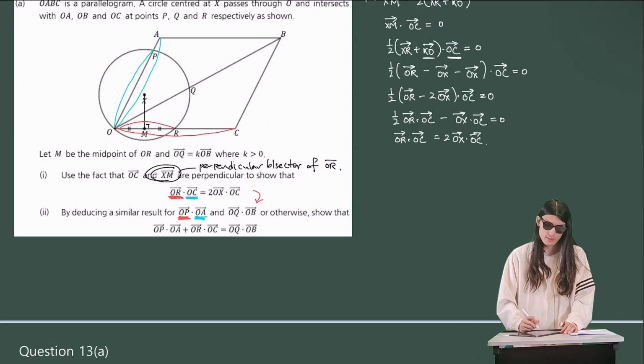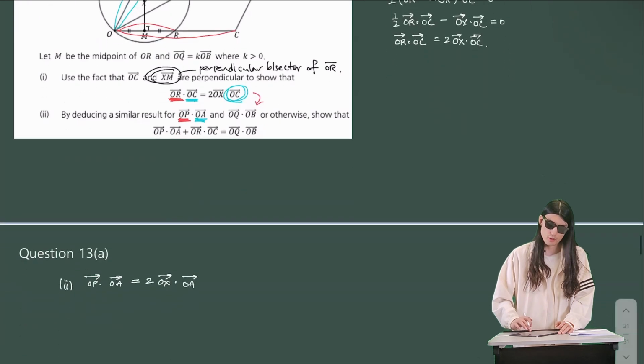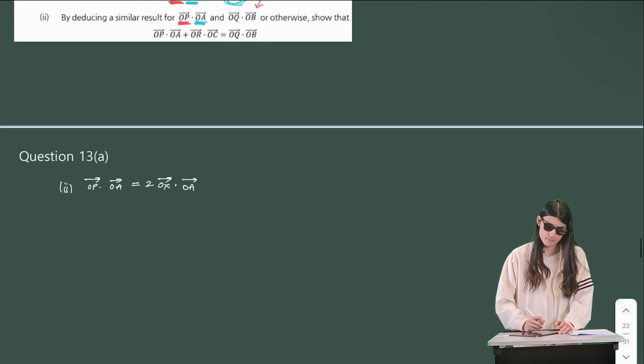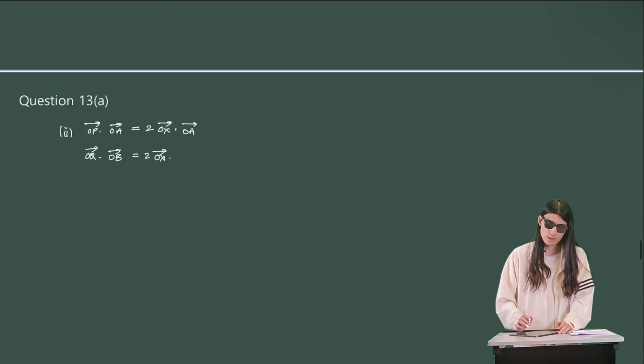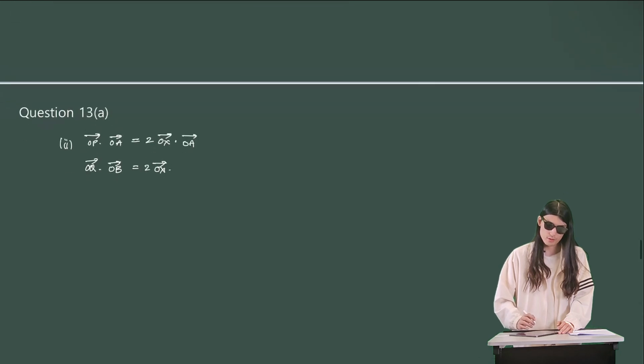So on the right-hand side, OC should be replaced by OA. And similarly for OQ dot OB, you should be able to say that's equal to 2 times OX dot OB.